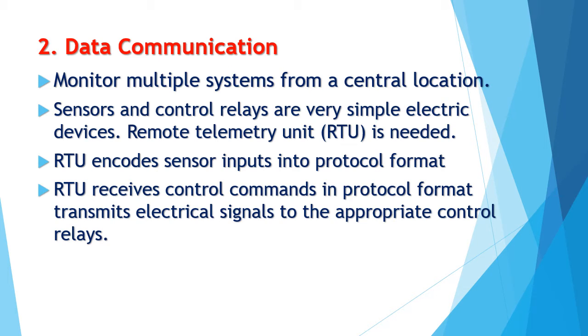The RTU encodes sensor inputs into protocol format and forwards them to the SCADA Master. In turn, the RTU receives control commands in protocol format also from the master and transmits electrical signals to the appropriate control relays. Now, in this situation, our sensors are the input and the control relays are our output.